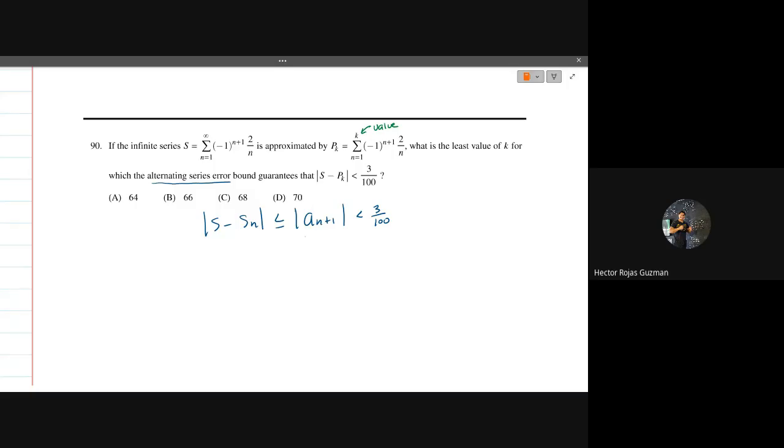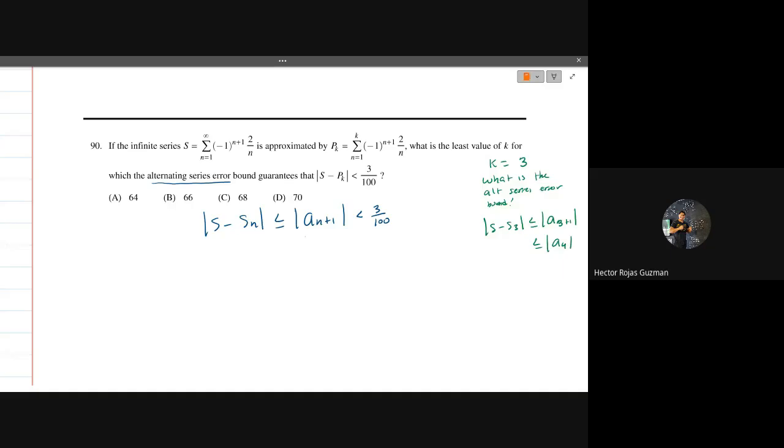Here, maybe I should show you with a number first. Let's say k is 3. My question would be, what is the alternating series error bound? So if I was supposed to use 3 terms, I would do S minus S of 3 is less than or equal to the absolute value of A of 3 plus 1, which is basically the 4th term.